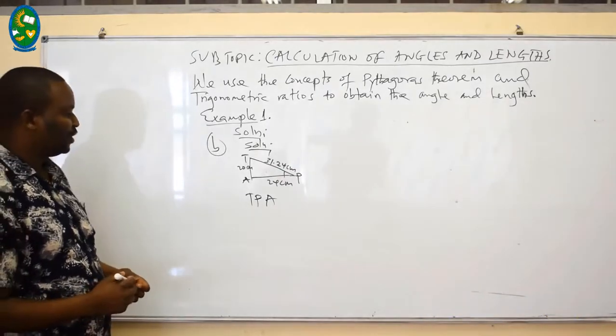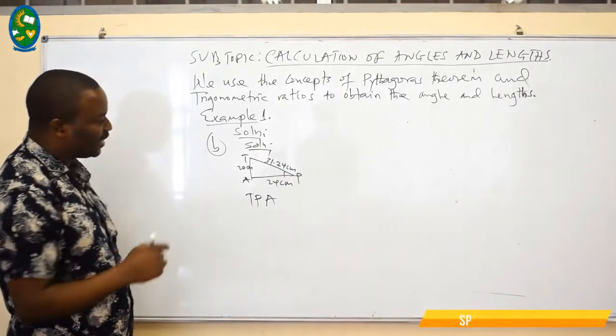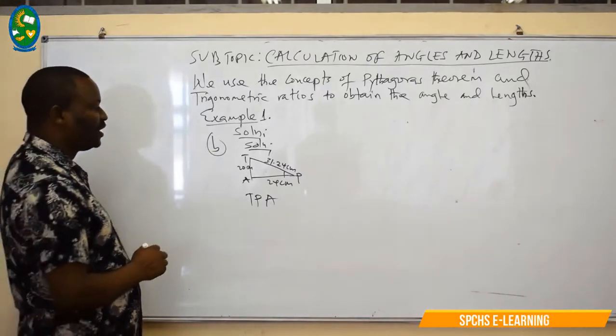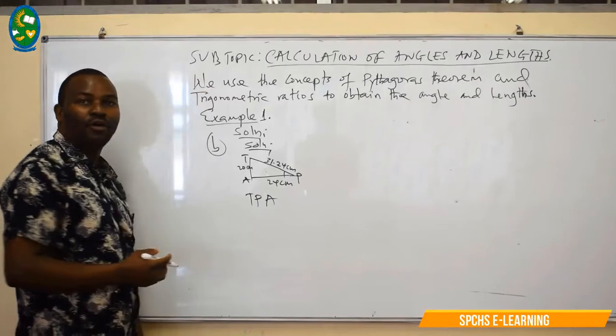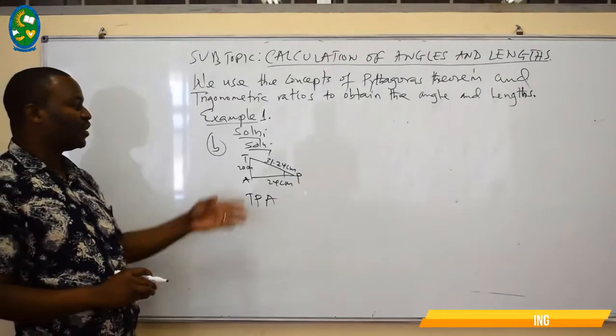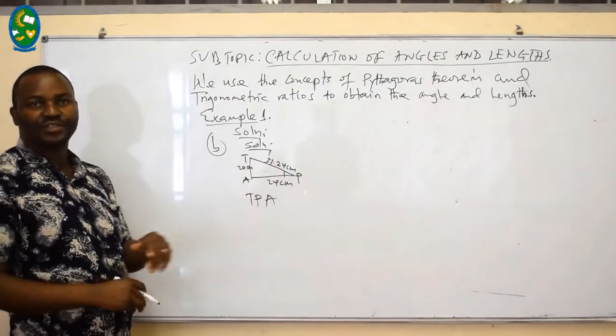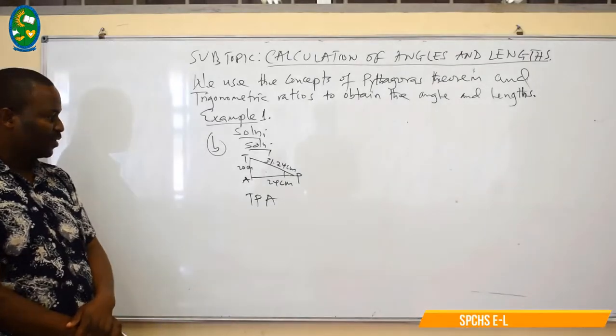To get that, you can use tangent, cosine or sine, because we have all the values here which can be used in those trig ratios.